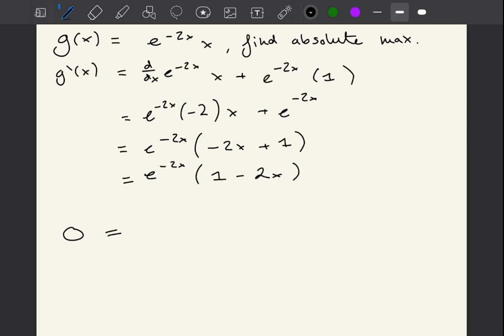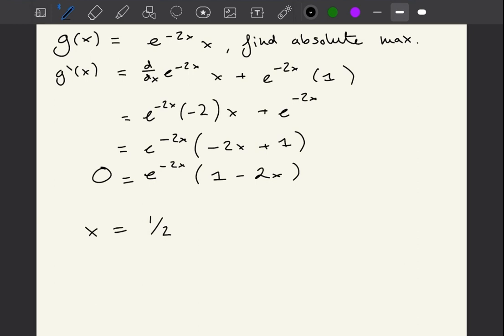So this will never equal 0. So what we can focus on is this part over here. And in order for this to equal 0, well, you just have to make x equal 1/2, right? So our critical point is x equal to 1/2. All right, and there's no other critical point.